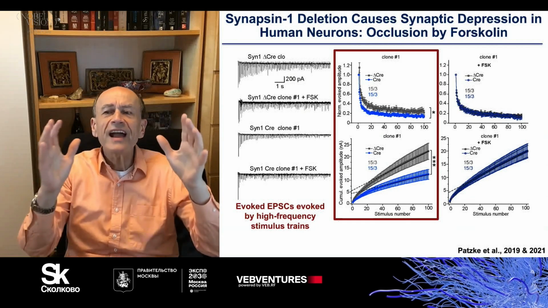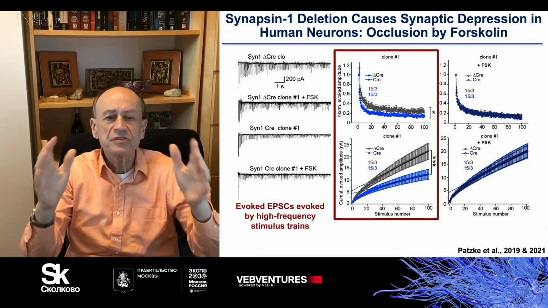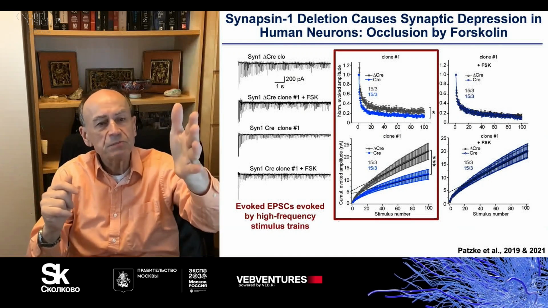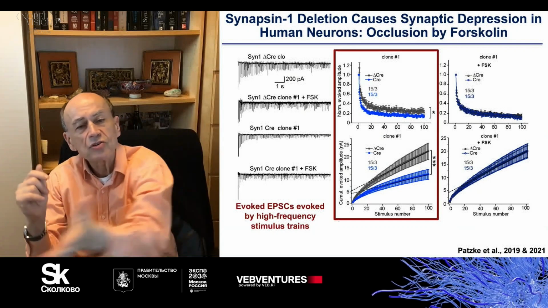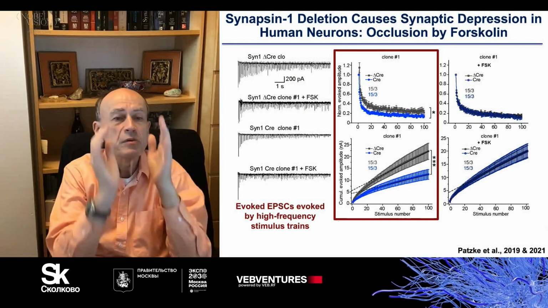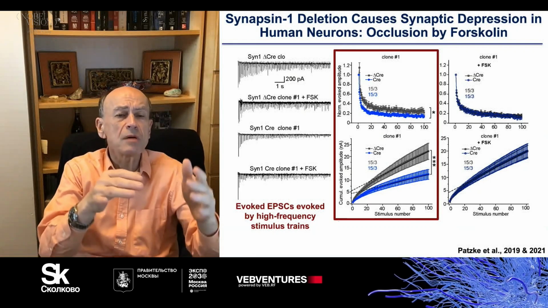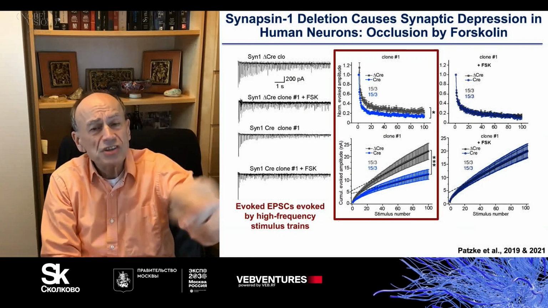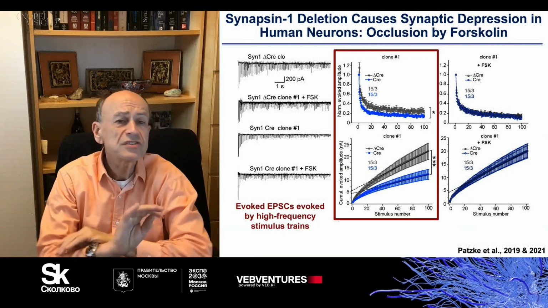So this is the exact opposite of what we see with neurexin 1 mutations. In neurexin 1 mutations, we see that the first response is abnormal, but then it normalizes. Here, we see that the first response is normal, but then it becomes abnormal. It responds much less strongly. So the opposite is true.